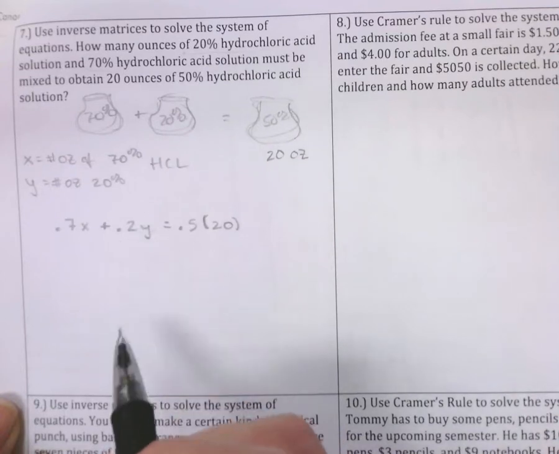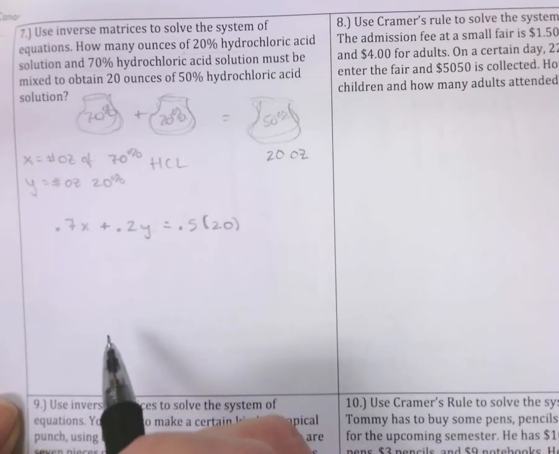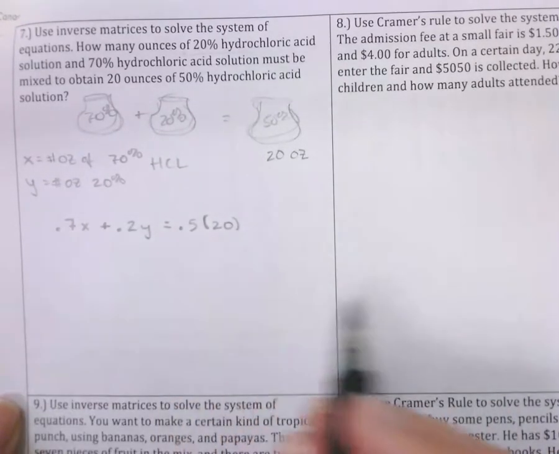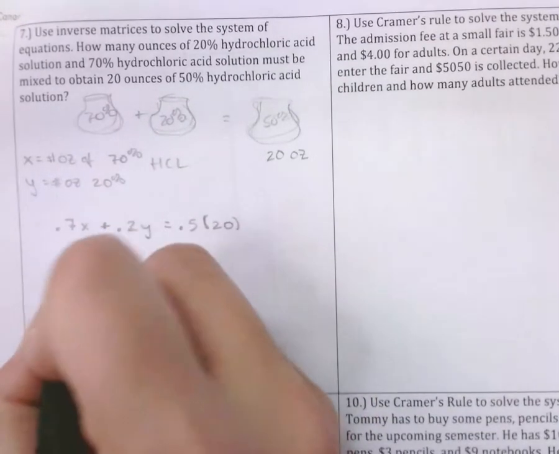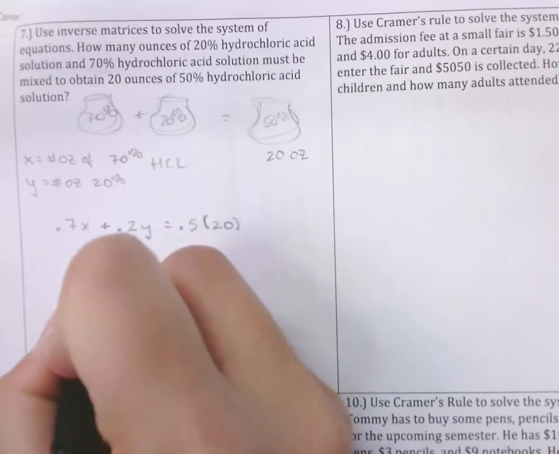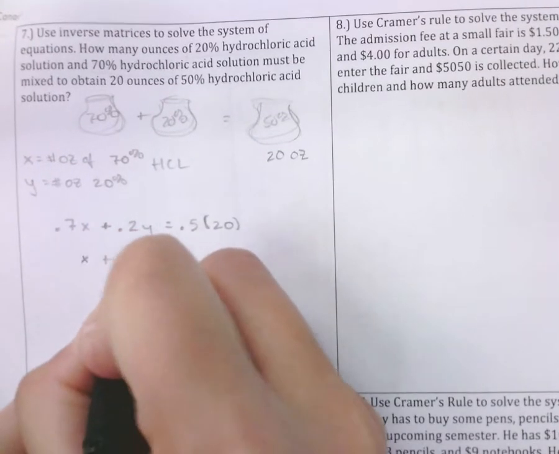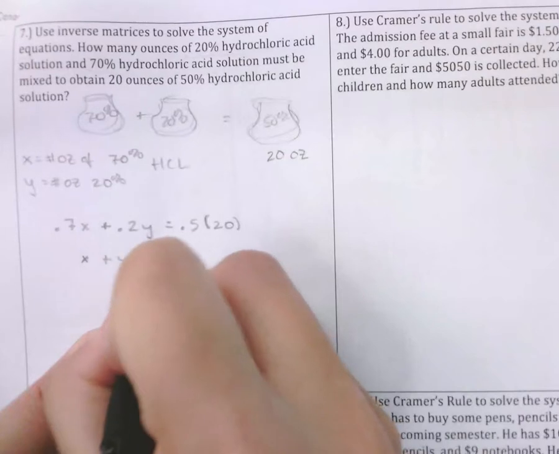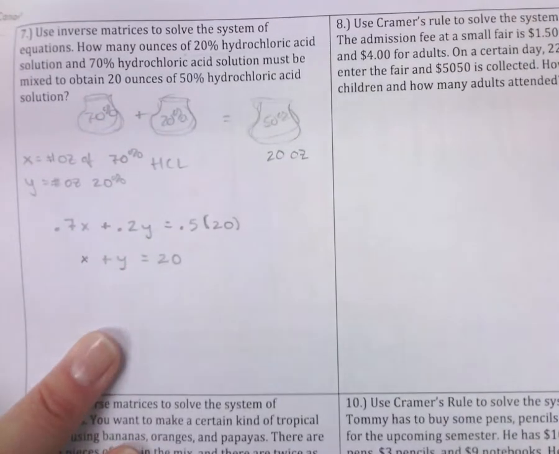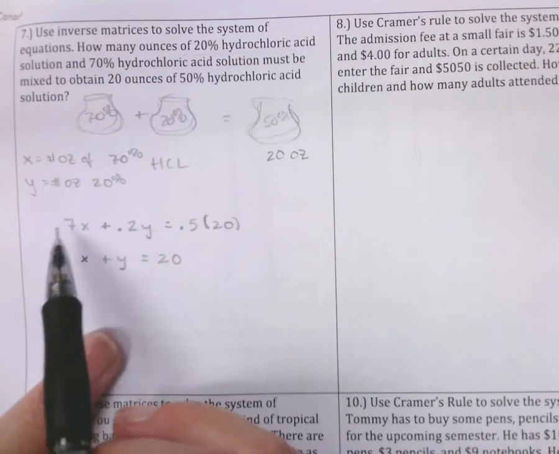How did you set it up like that? Without the percentages, we have some unknown amount of 70% and some unknown amount of 20%, and we know that when we add those together, we should get 20 ounces. This just puts a value to that.